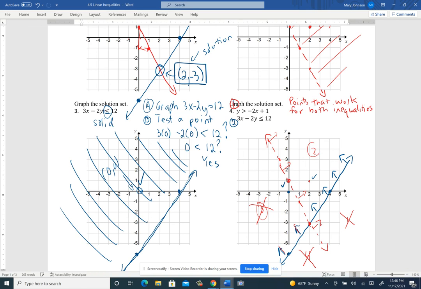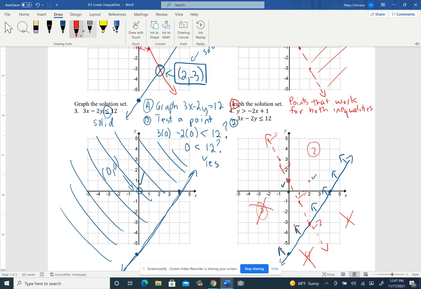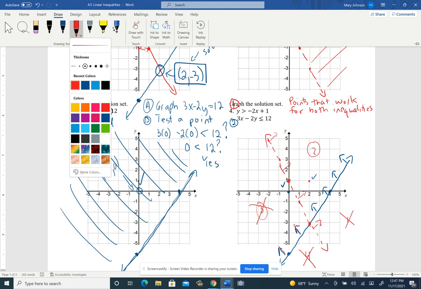But you see how in region 2, the blue goes into it and the red goes into it? That's what you're looking for, the region where both sets of arrows are pointing. That's the solution. Let me change the color, because red and blue would make purple. Here's a nice purple.